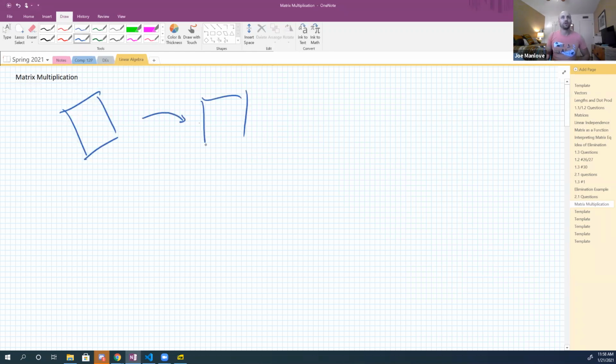One issue is if I think about A as a function, right? Going from someplace to someplace else. So if A is an n by m matrix, what's this space over here?